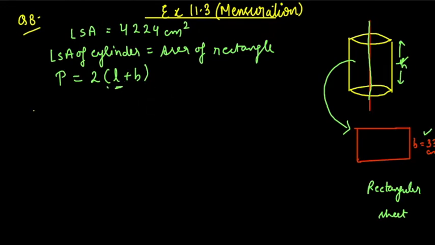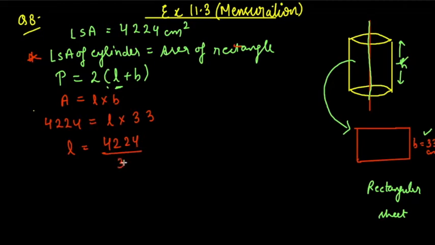Now how to calculate the length? As I told you, LSA of cylinder will be equal to the area of rectangle, because you are converting the same cylinder to the rectangular sheet. Now what is the area of rectangle? Length into breadth. Area is 4224. Length you have to calculate, breadth is already given as 33. So length will be 4224 upon 33.